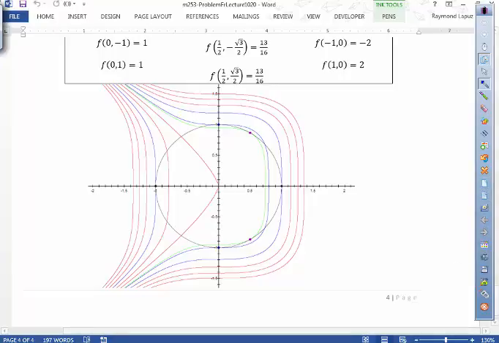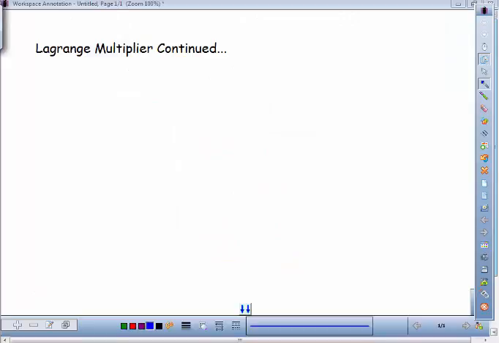Let's go back to what we were talking about, Lagrange multipliers, and a quick summary. I want to do a couple more problems, and I just want to remind you of what the basic equation is.